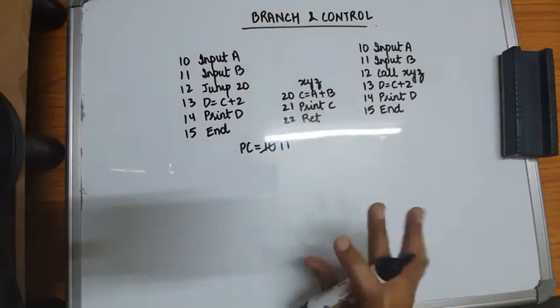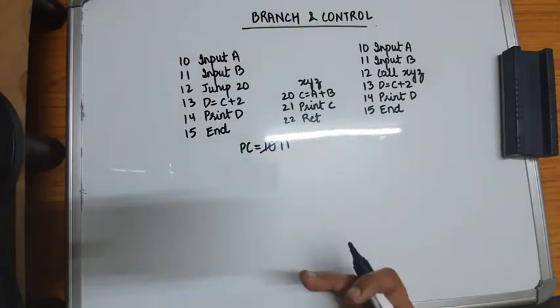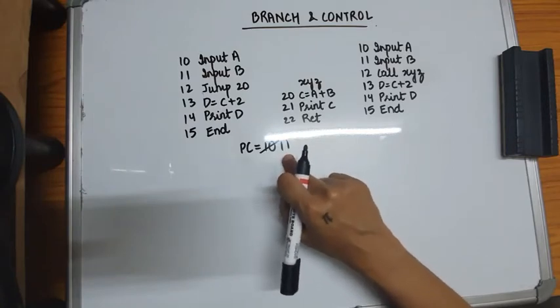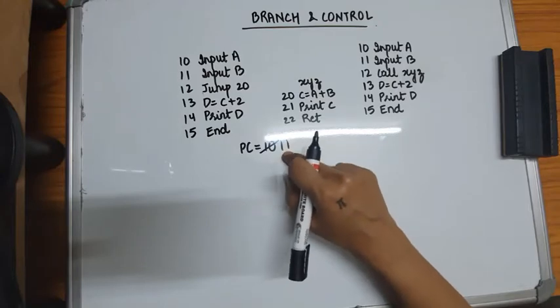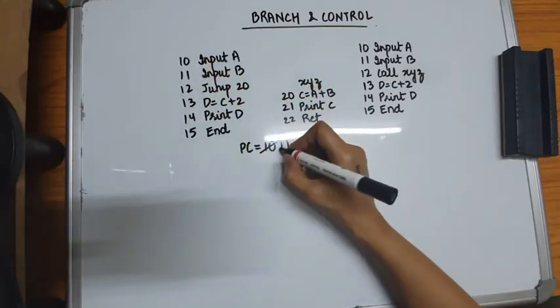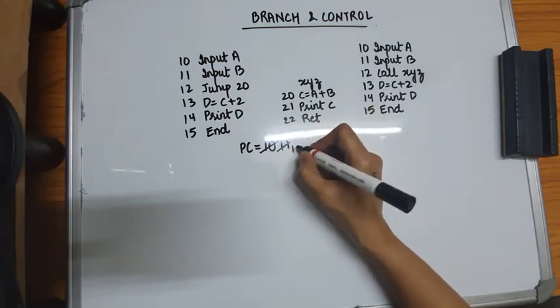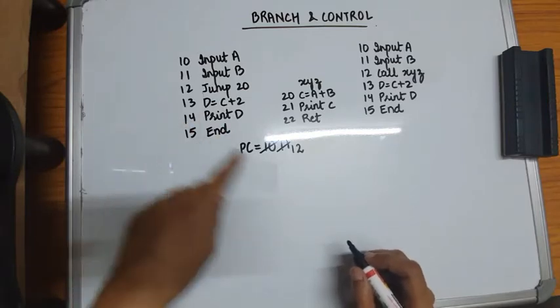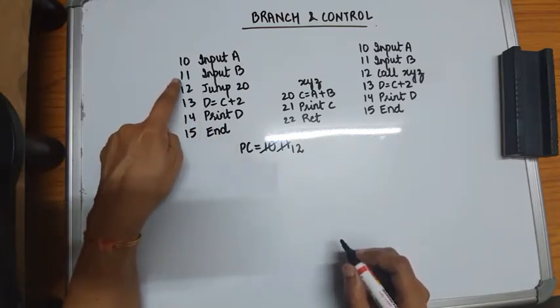Now input A is executed, then the microprocessor checks the PC again and gets 11. It goes to 11 and fetches that instruction, and PC auto increments to 12. Now the instruction on line number 11 is executed.